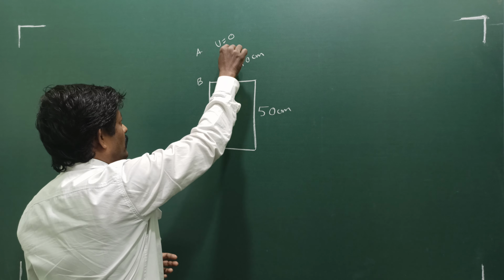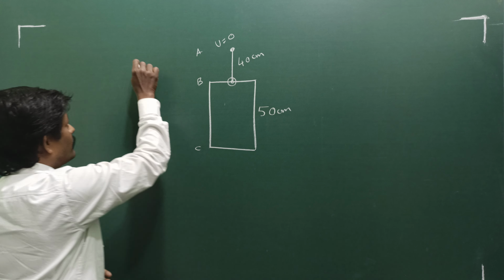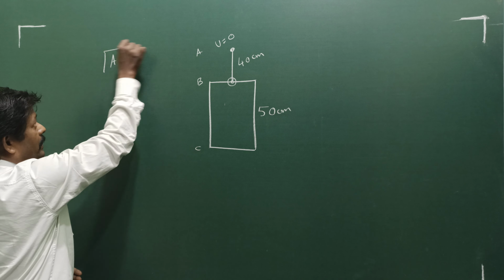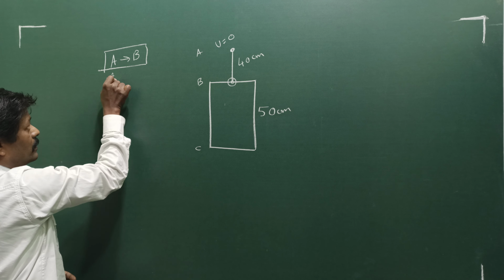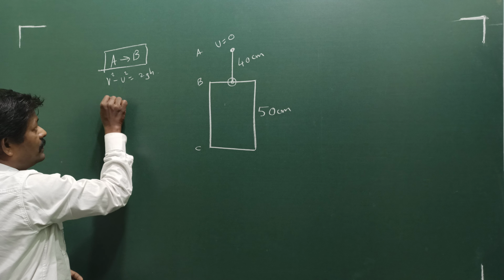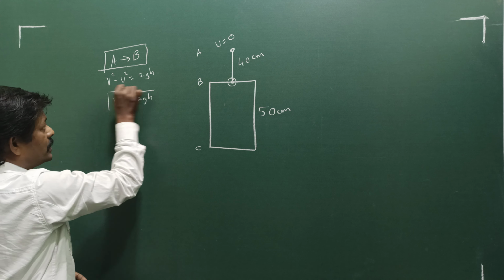Okay. The velocity at point B can be calculated from, I will take the path from A to B and use the formula v square minus u square equal to 2gh, from which v equal to root of 2gh. U is 0.